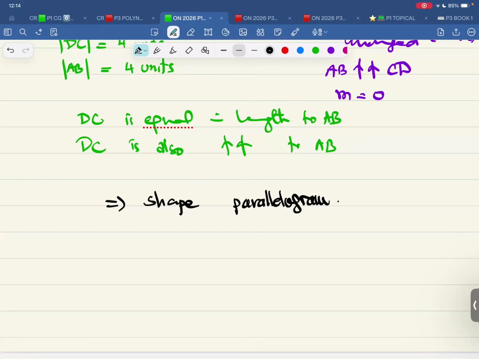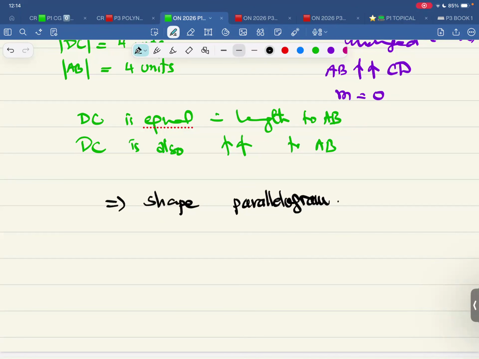Now, let me send this image to you so you can double check on the group that is about 2026 AS Maths. So let me just highlight it over there. Where is the group going?